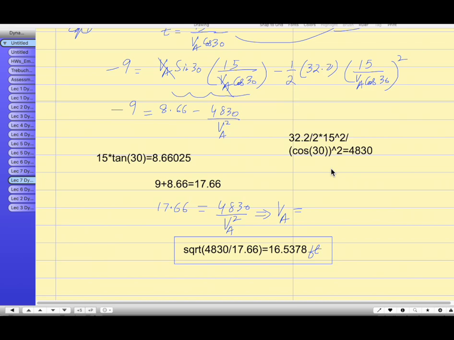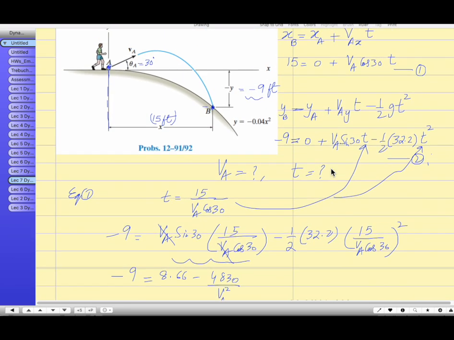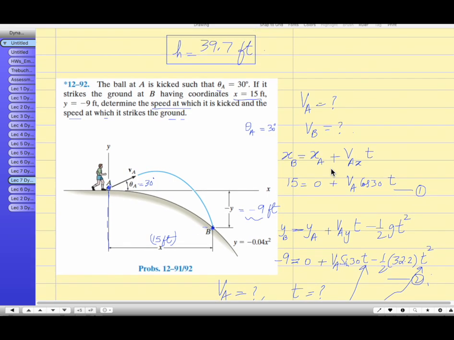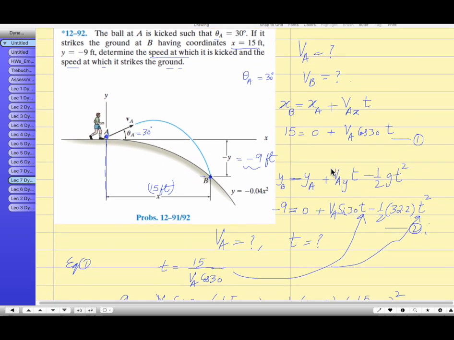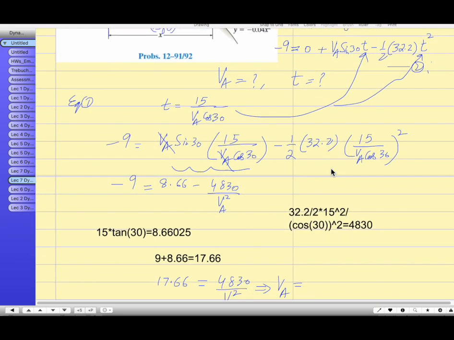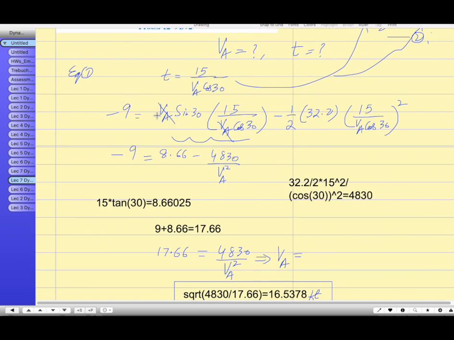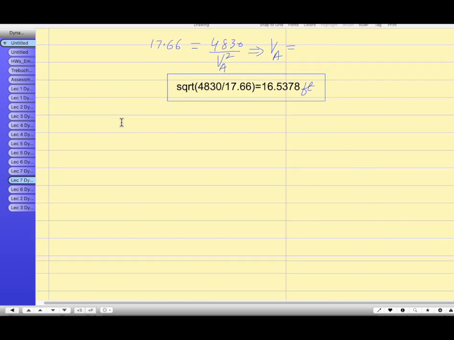So now we have done the one unknown. Let's do the second unknown, which is time, for our convenience. Although it is not asked, it is asked just to find the initial velocity, but time is also good to find out. So let's use equation 1. Time equals this thing.